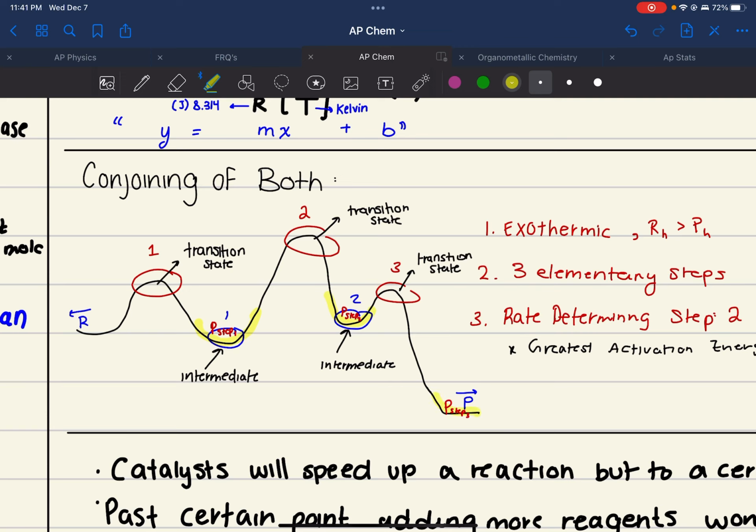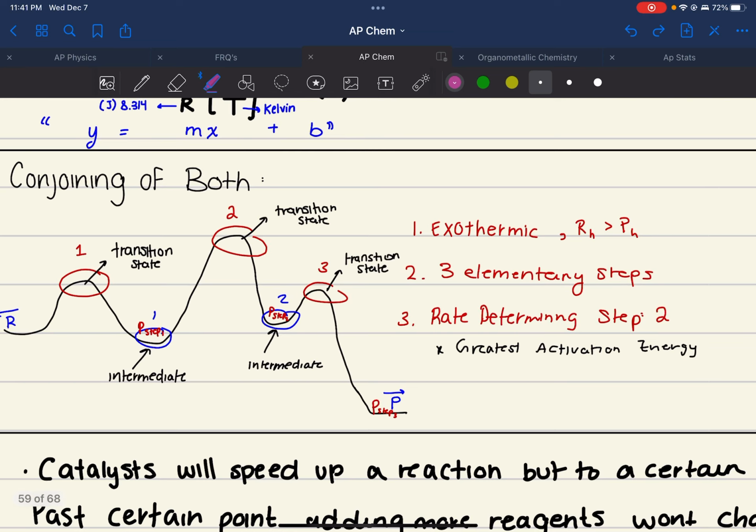And then the rate determining step is, sorry, I did not mean to say that. Hold on. Yes, I did. Okay. Next. These are the 3 elementary steps. The rate determining step is right here.